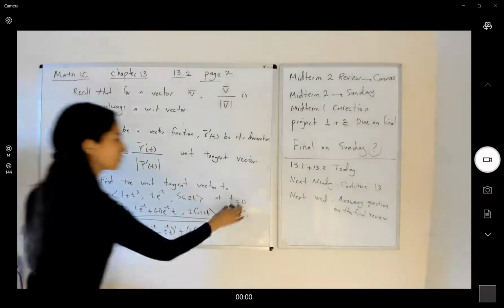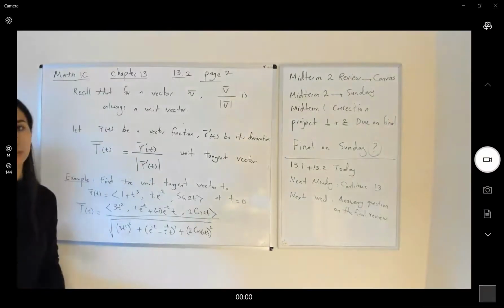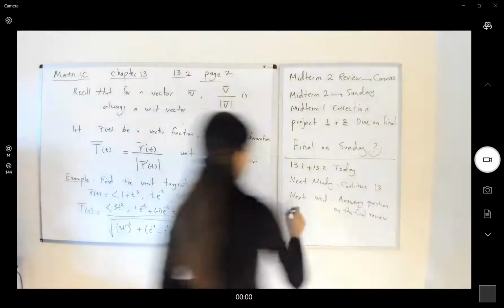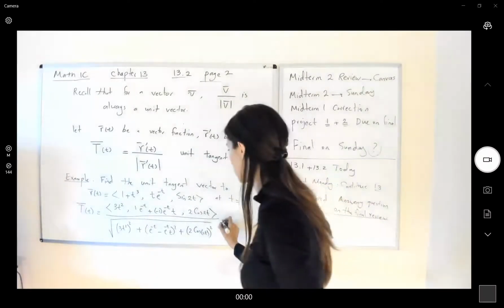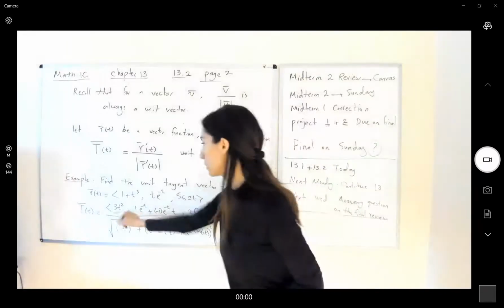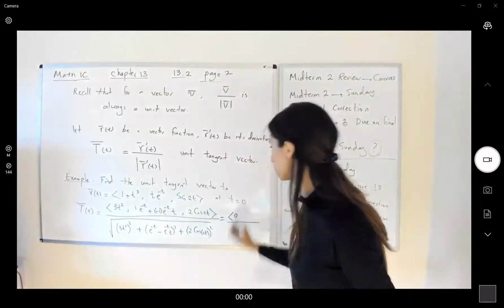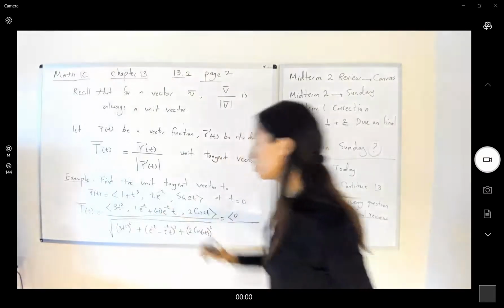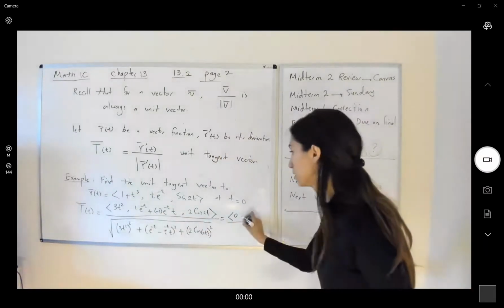Luckily for us, we know that t is equal to 0, so we can just plug that in and simplify as much as we can. Here we go. The first element is 0. The second element is 1 minus 0, which is just 1.